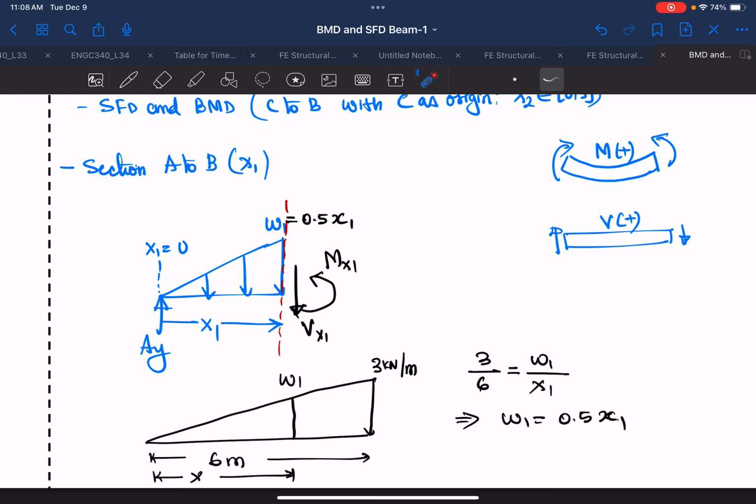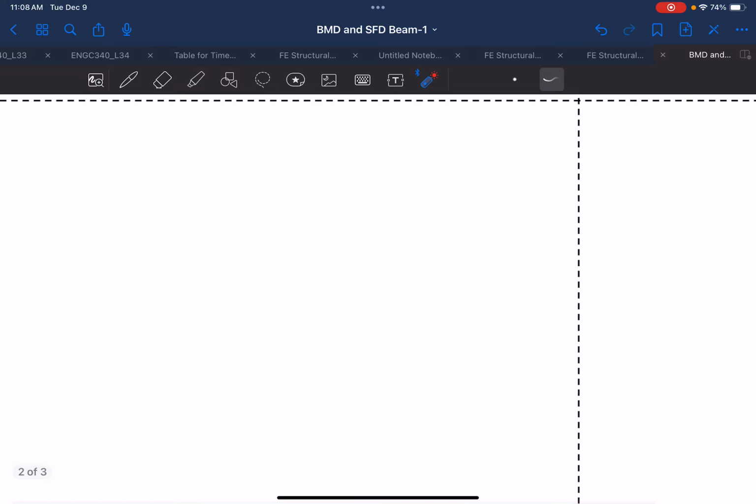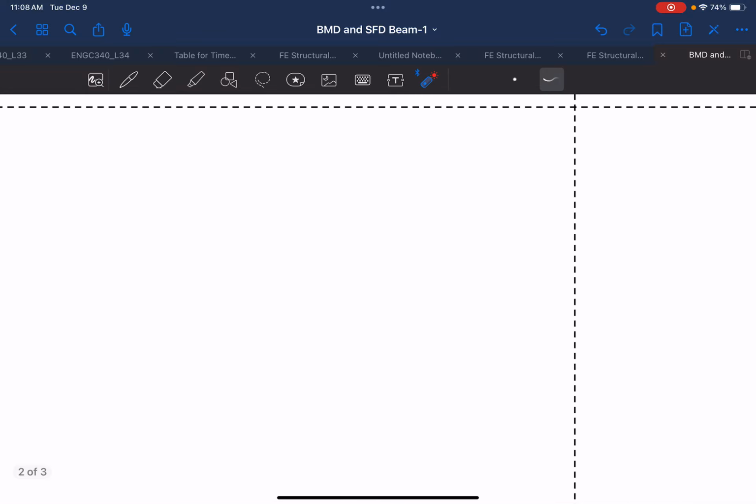Once we have this, now we can apply the equilibrium equations to find the shear force and bending moment equations. Okay, so if we take the summation of all the moments about x equal to 0, this is about x where you cut the section.